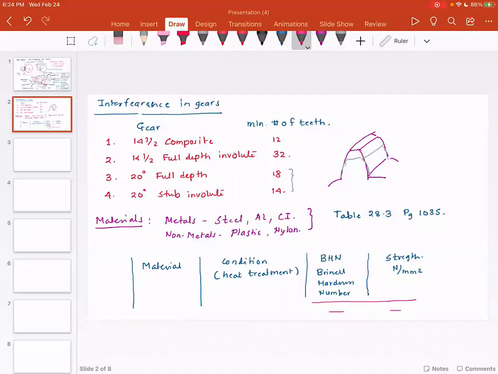And if you look at the materials, you are going to see the materials all the way from cast iron. There are different grades of cast iron. And again, with different grades of cast iron, there is different heat treatment. And as you change the heat treatment, the surface properties such as hardness changes.